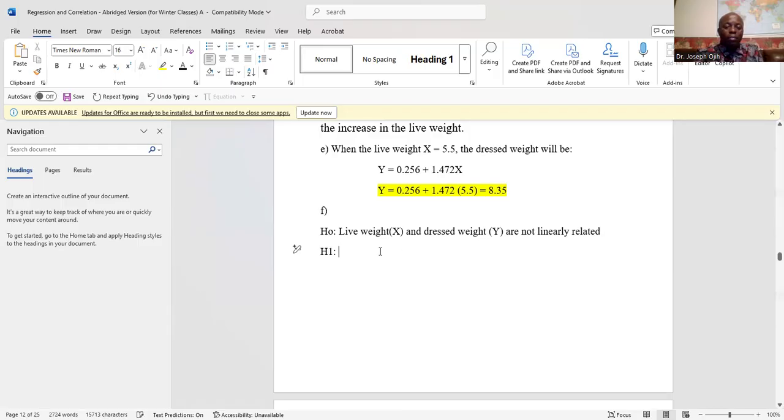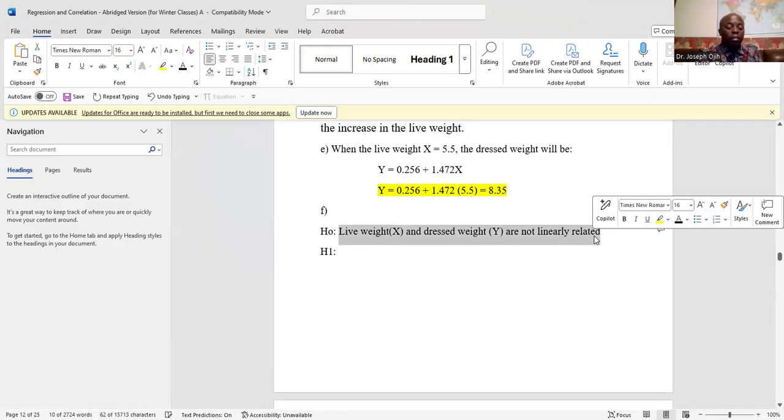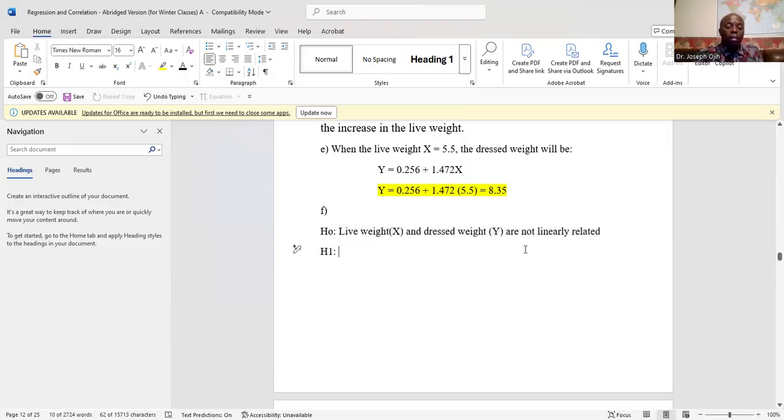The alternative hypothesis H1 will say the opposite of that: live weight and dressed weight are linearly related.